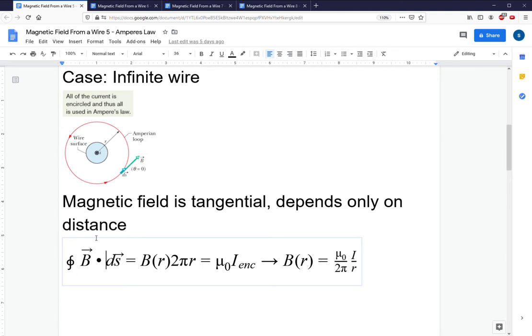So this integral is equal to B times 2 pi r. Apply Ampere's law, that integral is also equal to mu sub naught I enclosed. We can then take this equation, rearrange, solve for B, and get B is equal to mu sub naught over 2 pi times I over r, which is exactly what we got with the Biot-Savart law, but I think you'll agree this was much easier.